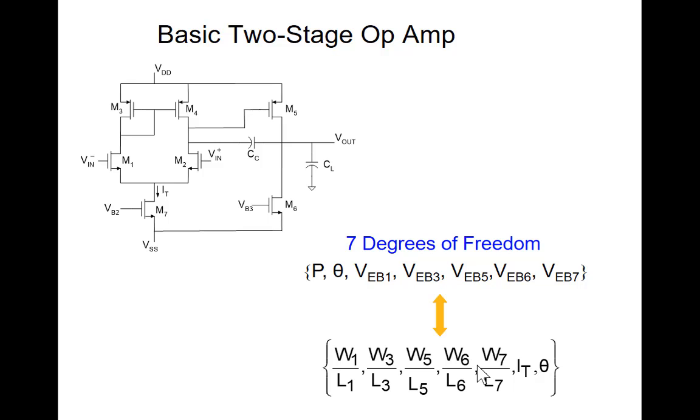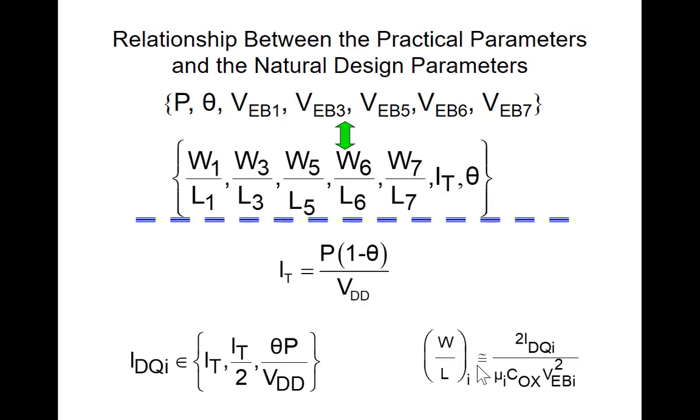I eventually want to make a mapping between these practical parameters and these natural parameters. So let me just go ahead and show that that mapping is pretty straightforward. The tail current, that's the current in the first stage, is equal to P over VDD, that's the total current, times 1 minus theta. So I know what the tail current is.